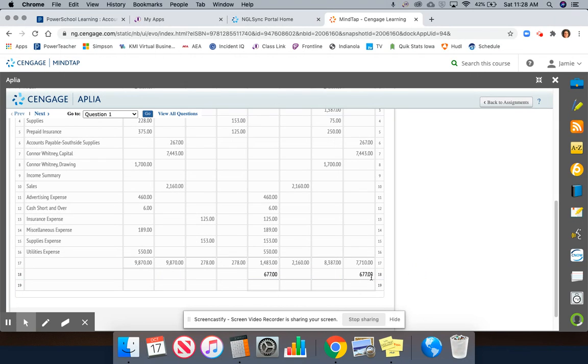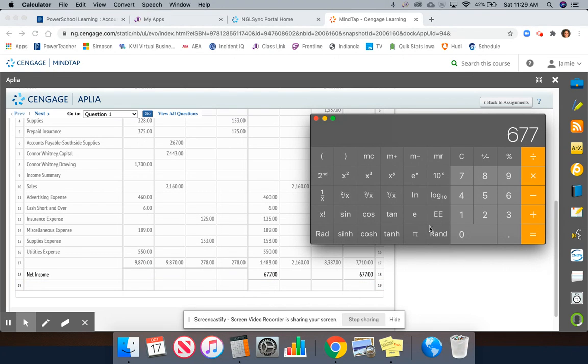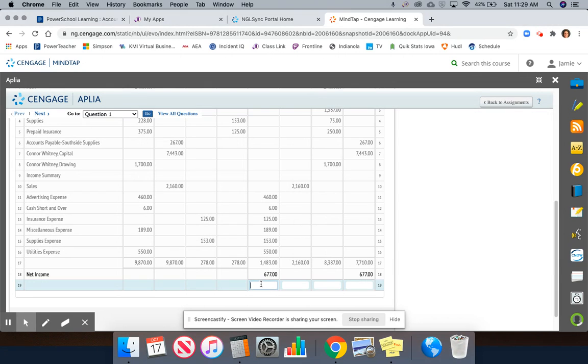We always list our net income in two places. We also want to be sure that we label that as net income, because remember, it could also be a net loss. We have our net income in two places. Now when we total up those two amounts, our net income plus 1,483, now this column equals 2,160. 2,160 plus 0 leaves us with 2,160. 8,387 plus 0 gives us 8,387.